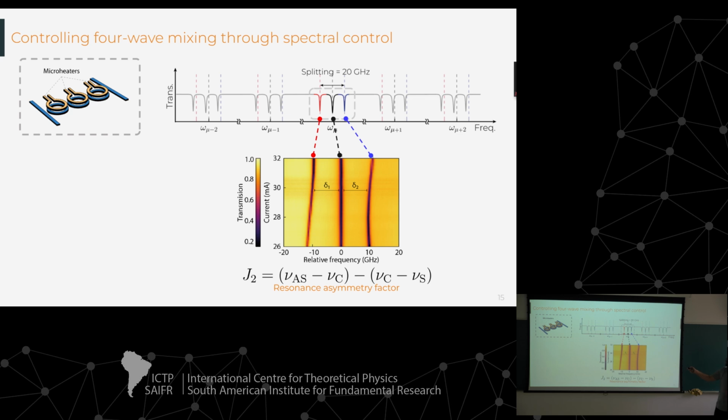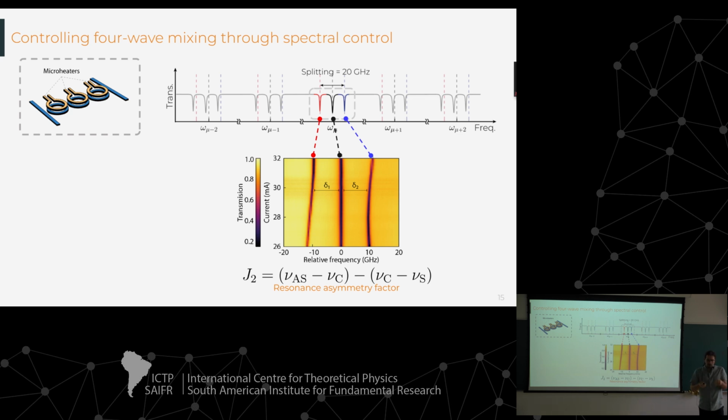But if we look not at different modes, different orders, but only at a single triplet here, we can change the relative position of these 3 modes. And we do that with integrated microheaters on top of each ring. So as we apply current to one of these heaters, I show that, for example, here this mode is further away from the central one than this one, and on top here we have the complete opposite.